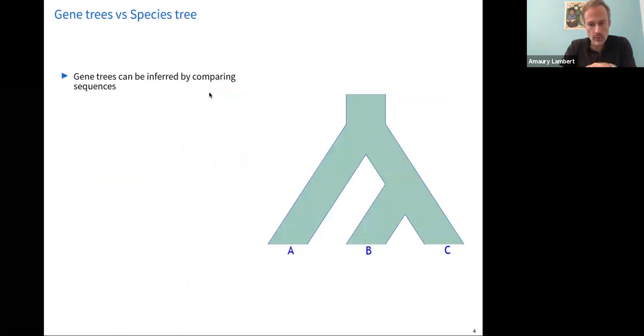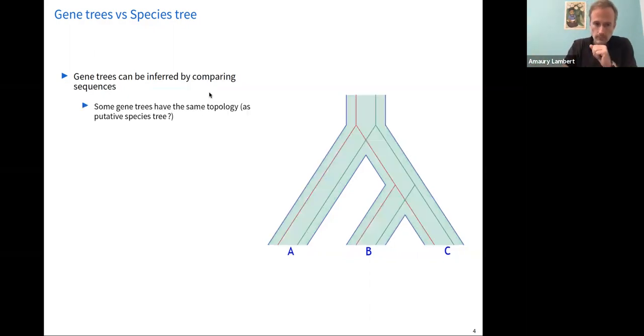So here on the cartoon you can see one species tree, like a toy tree with three species. You may remember from lecture 1 that gene trees could be inferred by comparing the sequences, with the idea that sequences that have a distant time to most recent common ancestor are more different from each other. And so there are two possibilities.